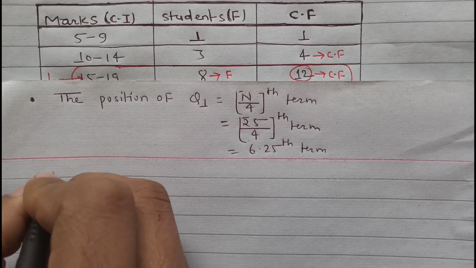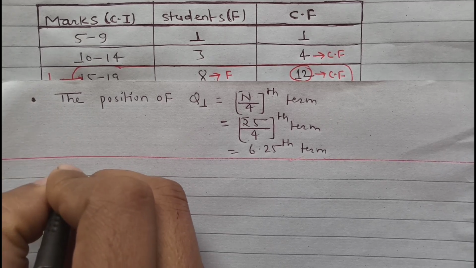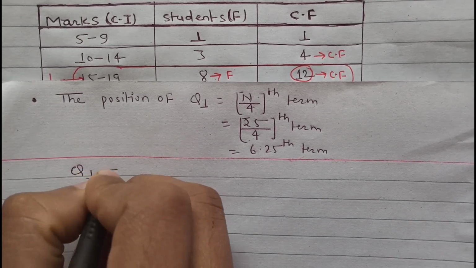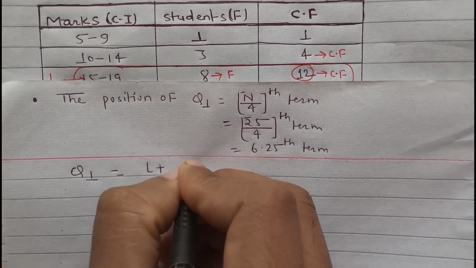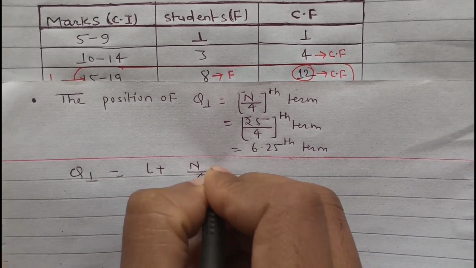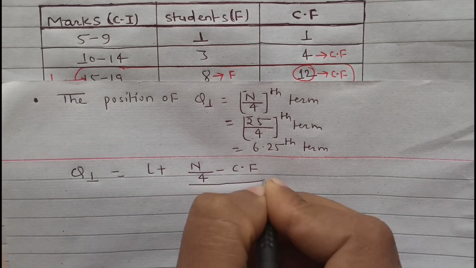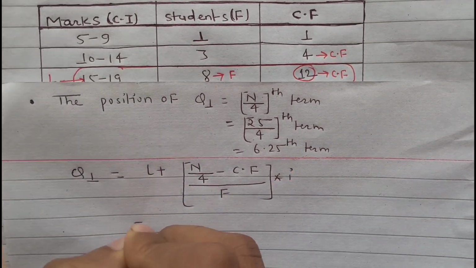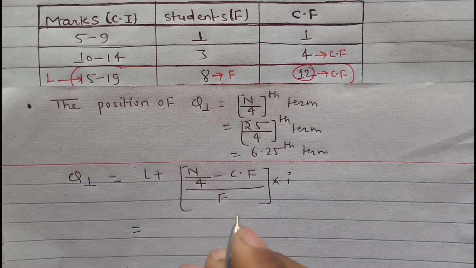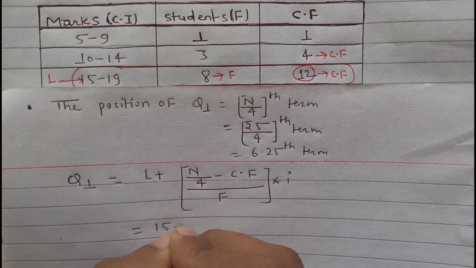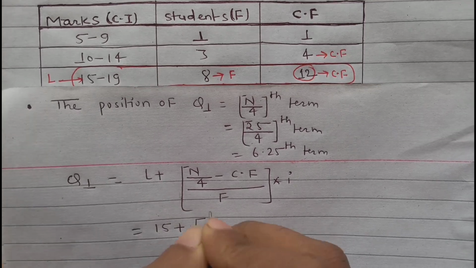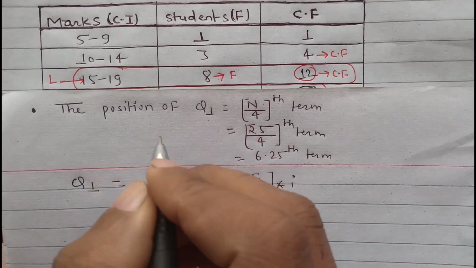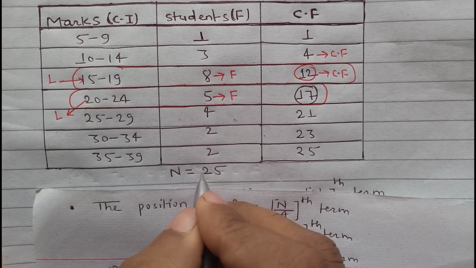The formula of Q1 is equal to L plus (n by 4 minus CF) by F into I. So L is now 15. So we have to write here 15 plus n by 4, n is 25 here.